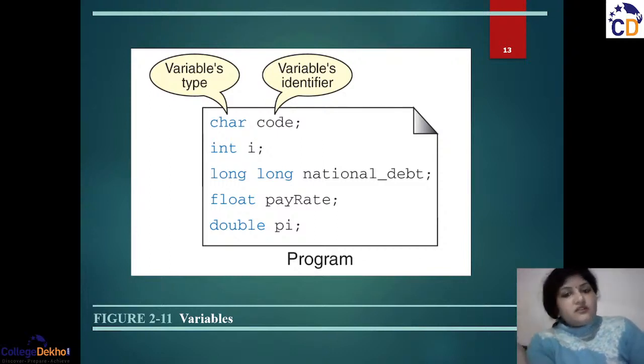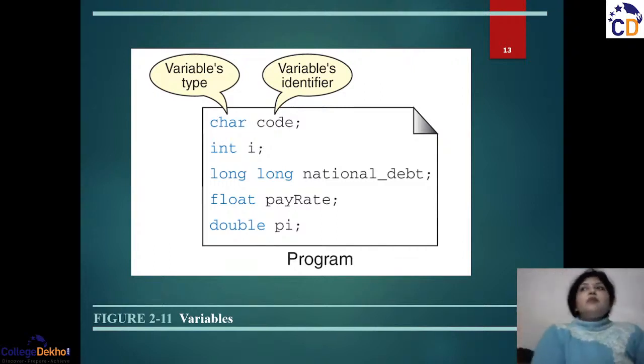Long is holding some long numbers. Then we have floating point numbers, which are decimal point numbers. Double pi means you have a decimal point number holding some large values. So these are the data types that we have in C language and how we basically declare them.